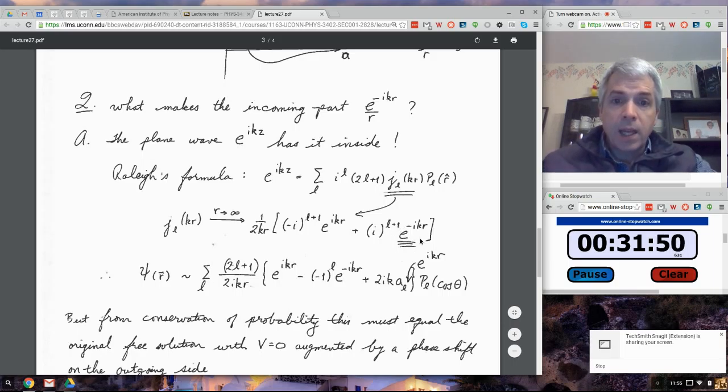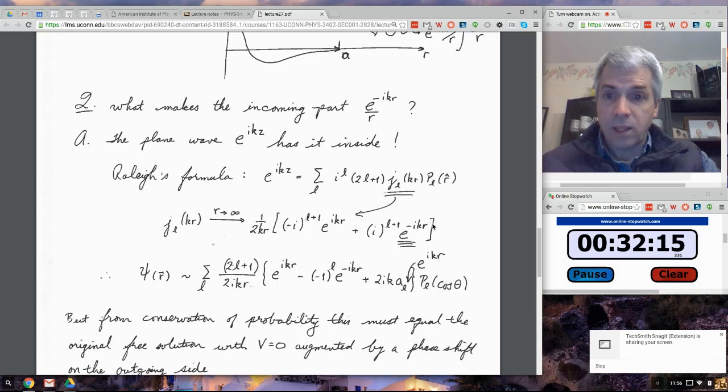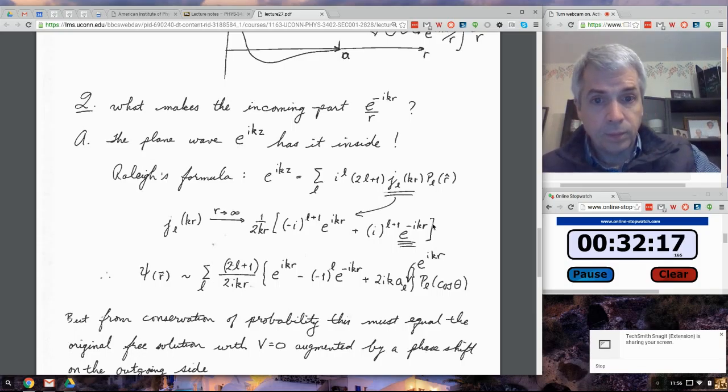The e to the minus ikr is actually buried inside the e to the ikz, term by term. Second thing, where's the e to the ikr over r? Well, it turns out that j actually has a 1 over kr in it. So if you put this term and this term together, nothing more appears than e to the minus ikr over r. Okay, so that's very helpful.